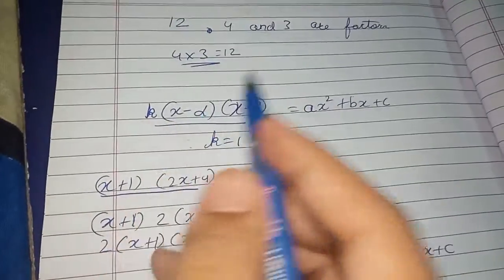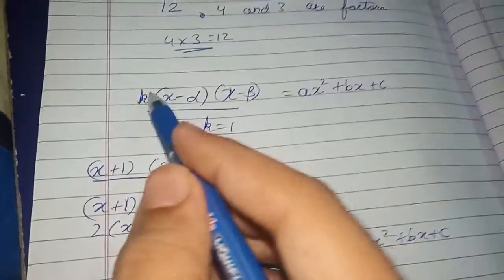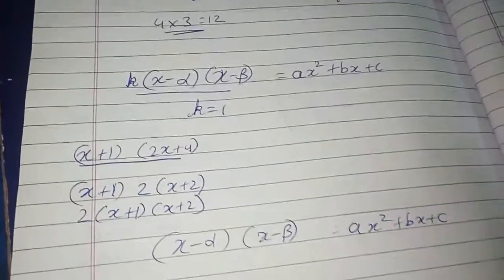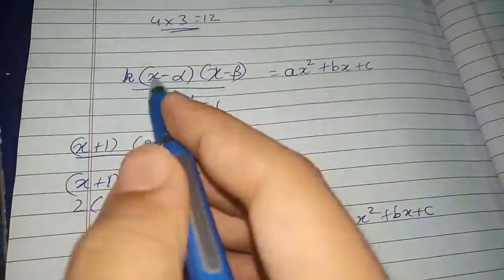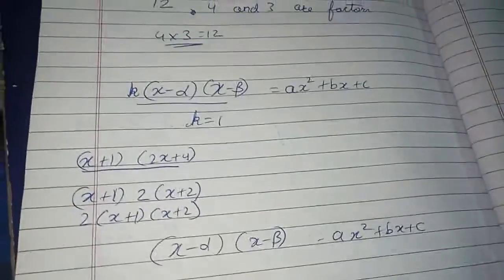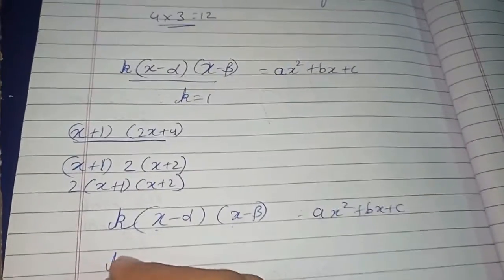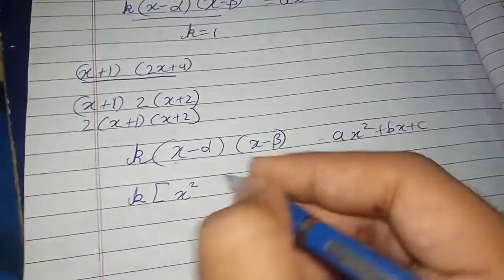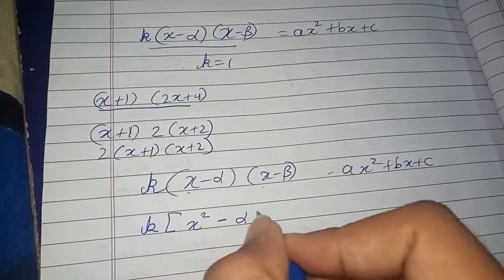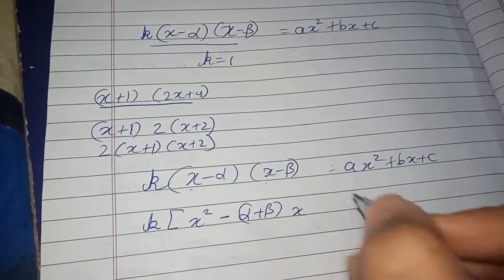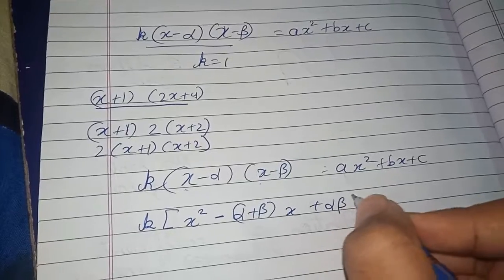Don't worry, now you will be worrying that if we write k, the value will differ. No, the value won't differ because k will get cancelled off in the same way. So here let's write k. Now let's multiply this. We have k(x square minus (alpha plus beta)x plus alpha beta).